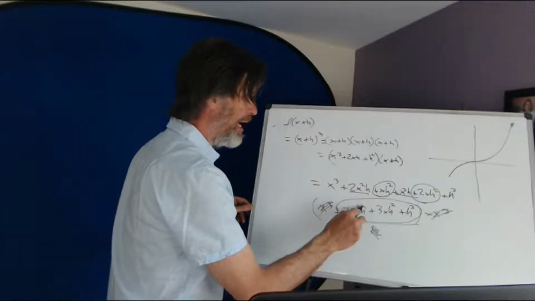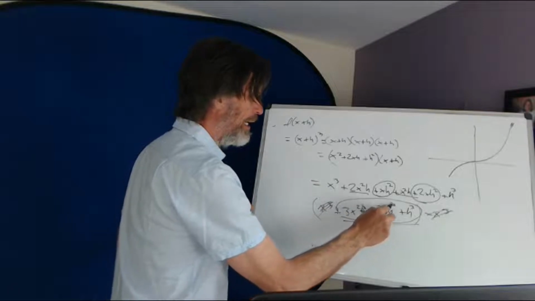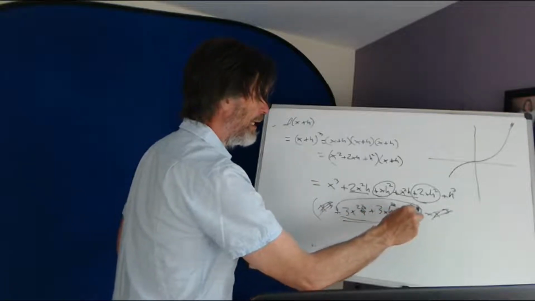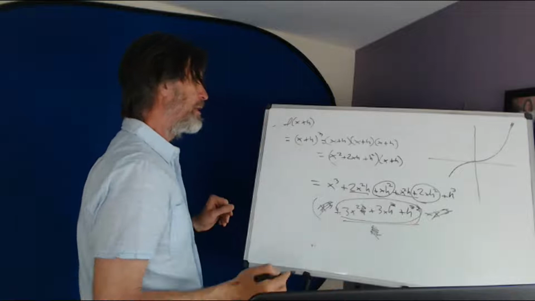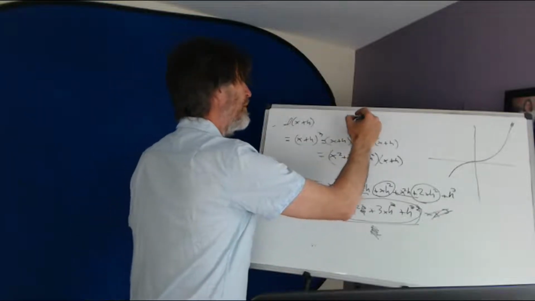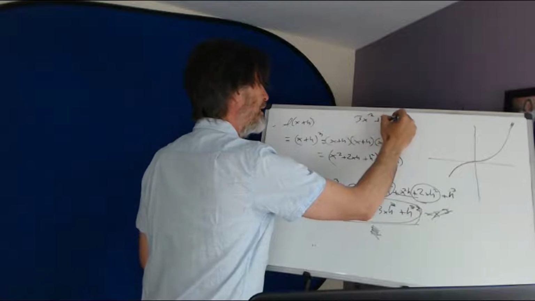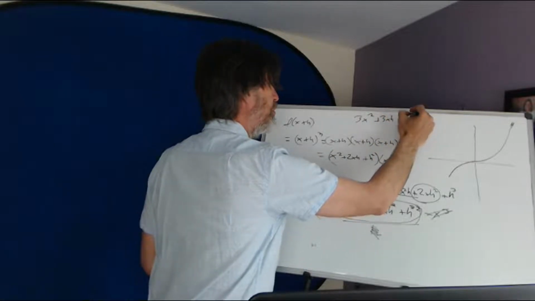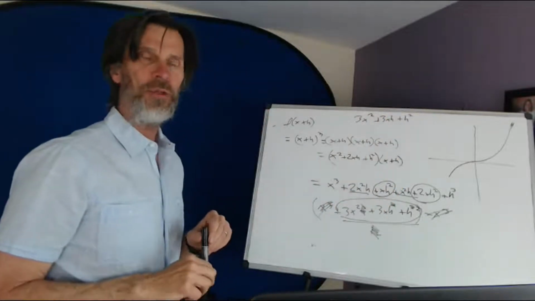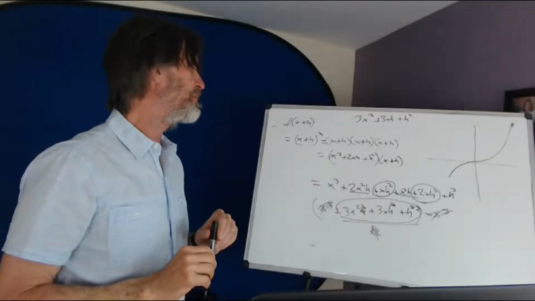So I can cancel that, cancel one of those, and cancel one of those as well. So here's the average rate of change, 3x squared plus 3xh plus h squared. That's the formula for the average rate of change.